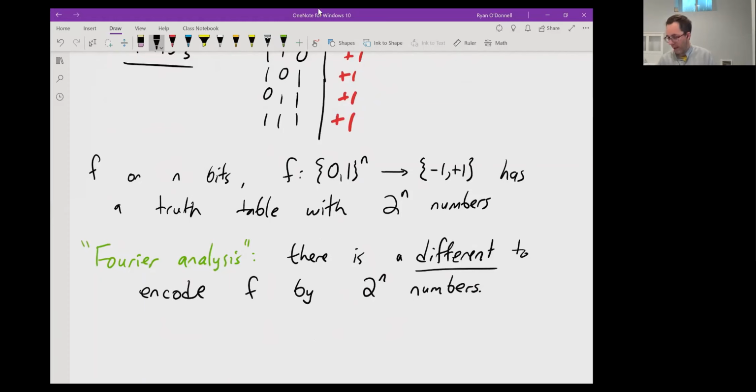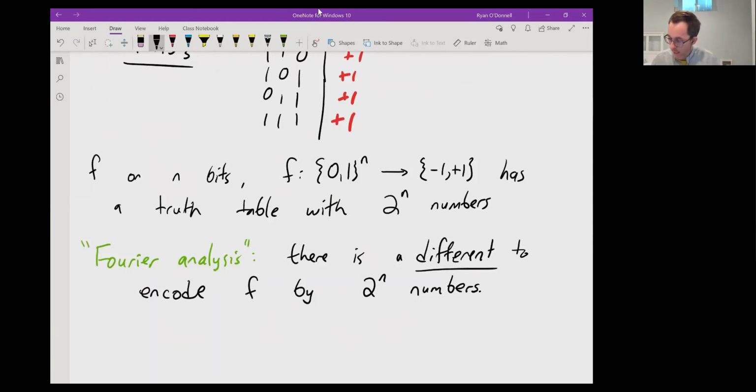For every finite function like this, you can just write down its truth table. But you can also write down a different list of 2 to the n numbers that somehow also represents the function. And thinking about these two different representations turns out to be very fruitful.